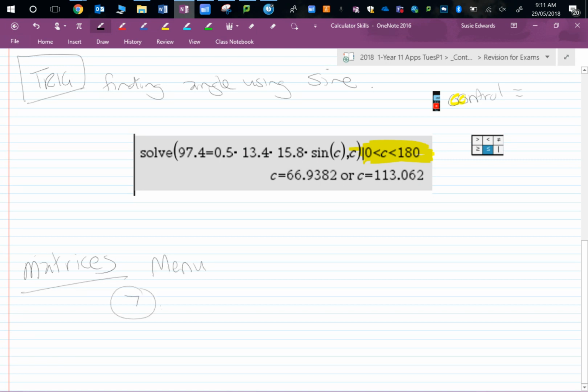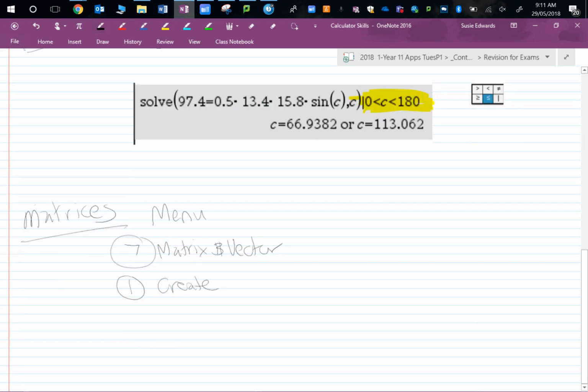Okay, so we said menu, 7, which was matrix and vector, 1, which was create. So they're always the buttons you're going to have to press. And then you can go to either 1, a matrix, which is the main one you'd be using, but you can also use the others.